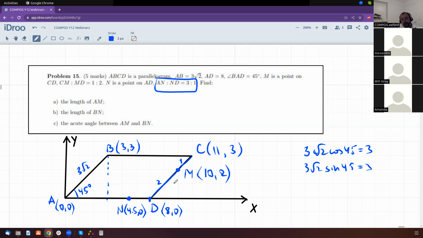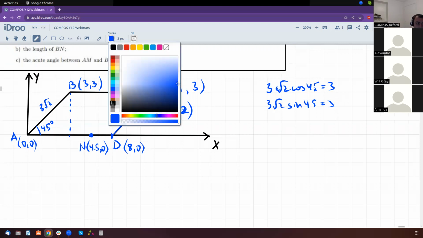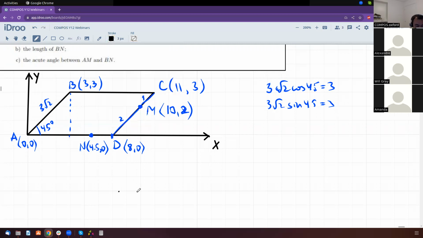So a diagram is a very powerful tool in your maths. You can prove it if you need to, but a lot of things become clear from a well-drawn diagram. So we need to find the length of AM.